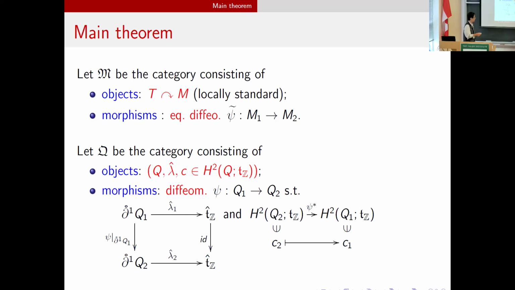And the second one is, of course, this preserves Chern classes. C2 is a Chern class of Q2, and C1 is a Chern class of Q1. So I will avoid the definition of the unimodular labeling as a collection of the facets. Okay, so these are the two categories.